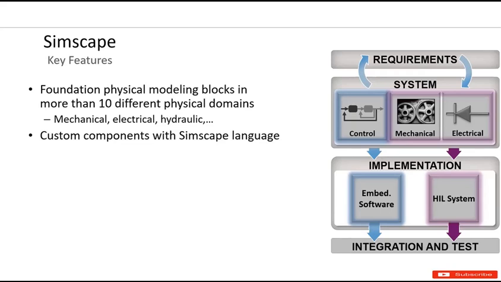In addition to the pre-built blocks in Simscape, you can even create your own blocks by coding in the MATLAB environment, the Simscape language. So you have to write the code for the blocks. Basically this is a solver technology for systems of differential and algebraic equations.